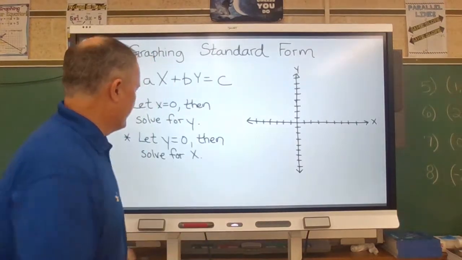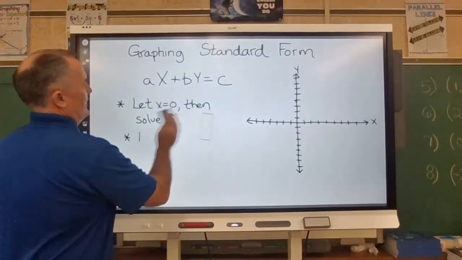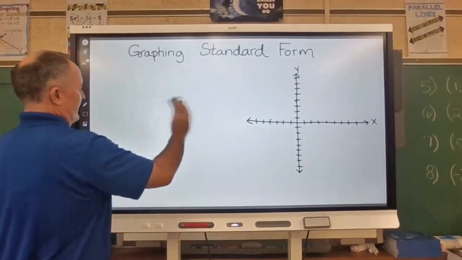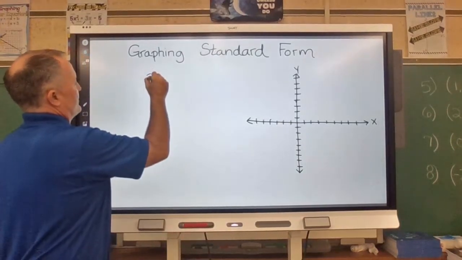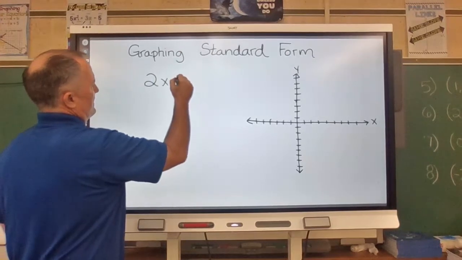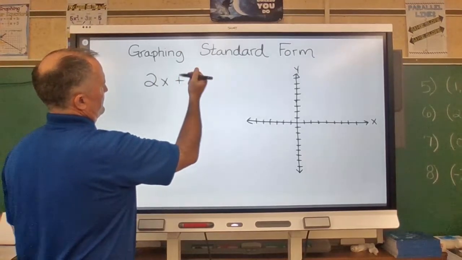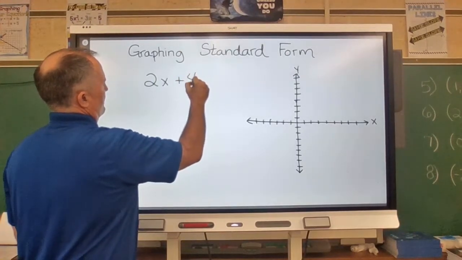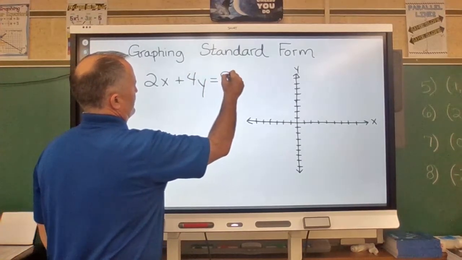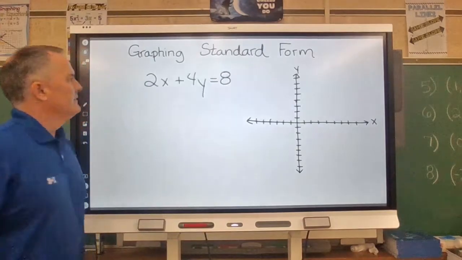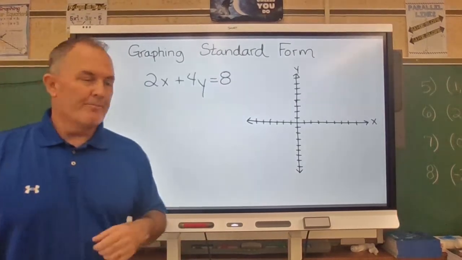So let's do an example. Let's do something that's going to fit on my graph, because I did not make a big graph. Let's do 2x plus 4y equals 8. All right, standard form.